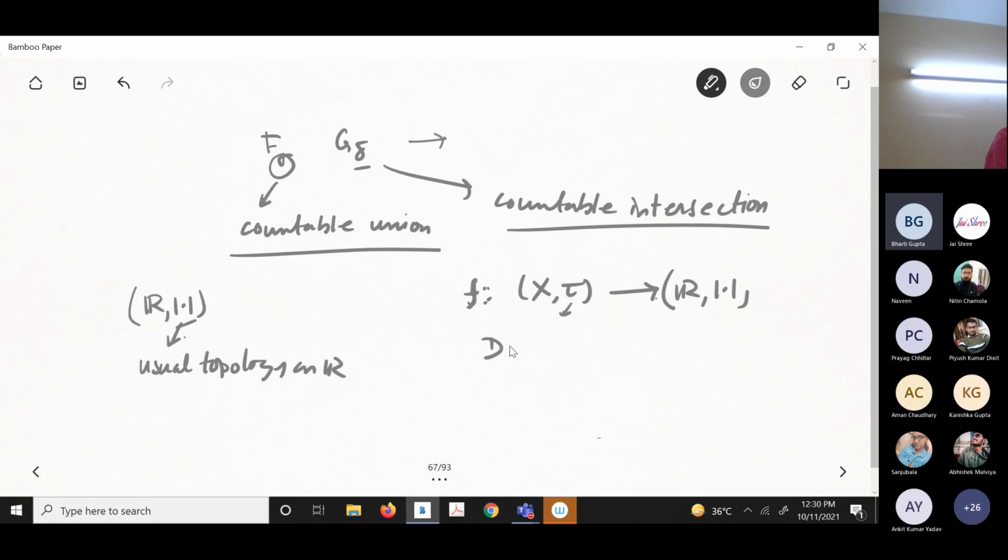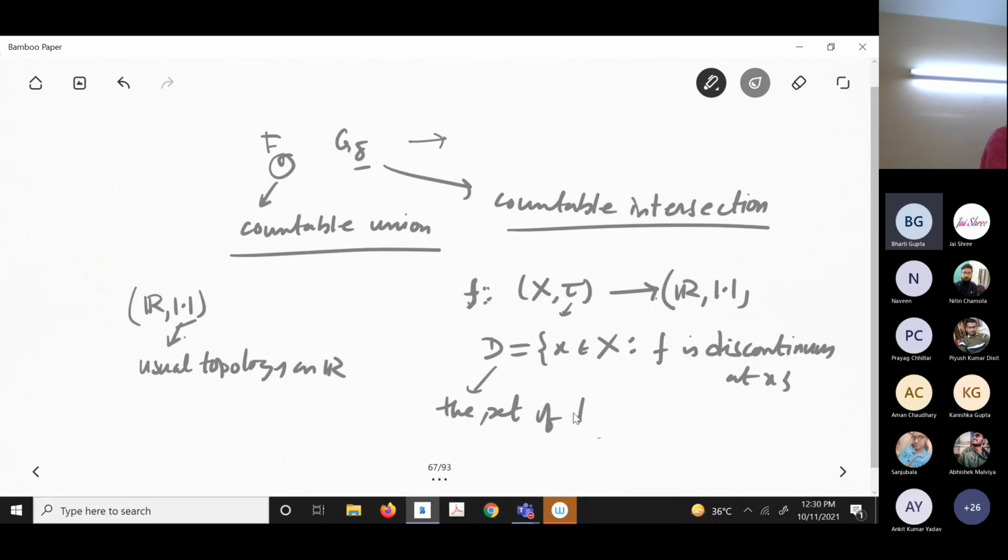So I can take D, the set of x belonging to X such that f is discontinuous at x. Look, this makes sense. The reason is D may be whole X, D may be empty also, but it makes sense. So D is the set of points of discontinuity of f.